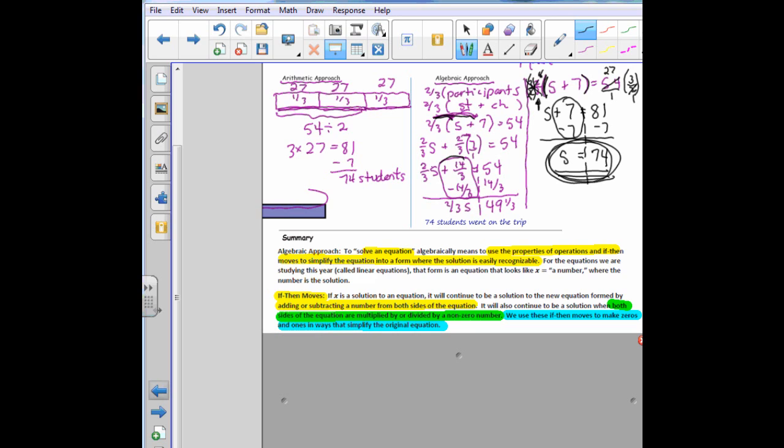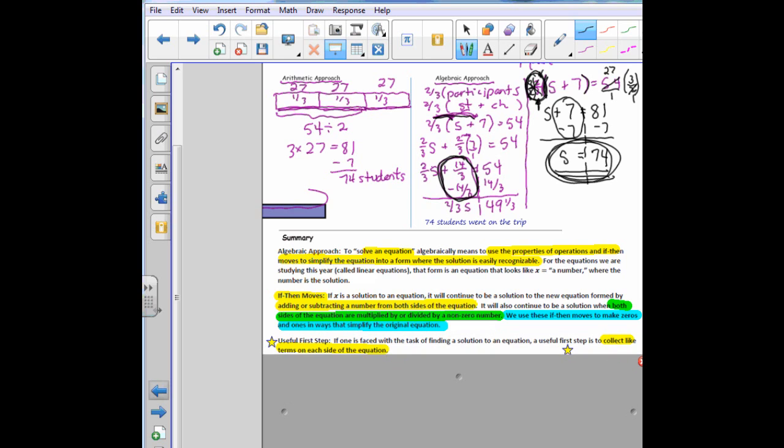So here's the example of making a 0, and we do that to eliminate the constants. And then to make a 1, that's where we either multiply by the reciprocal or divide by the coefficient. And when you do the same thing with the same number on both sides of the equation, that's the if-then move. Finally, a useful first tip.